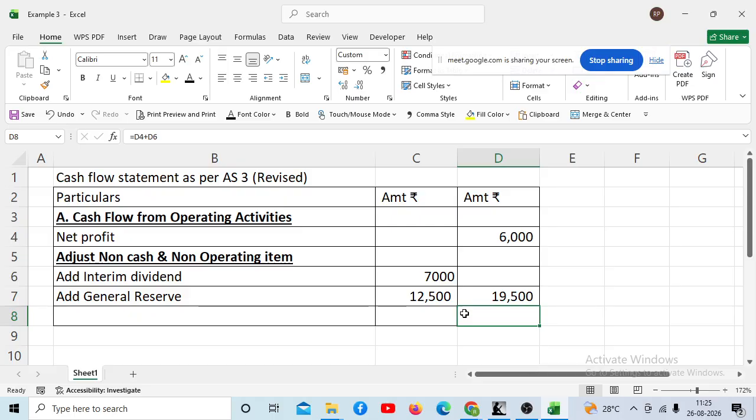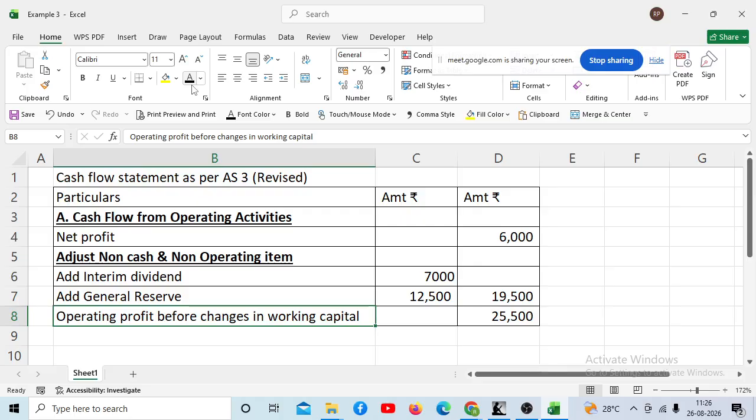Now finally add this to it. 25,500. So this 25,500 is called operating profit before changes in working capital. Any doubt? No, sir.